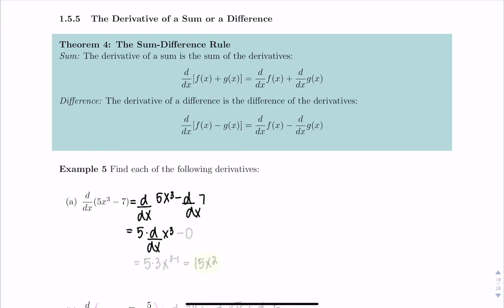And the derivative of a constant is 0. So that derivative of 7 is going to be 0. So we have 5 times 3x to the 3 minus 1, which is 15x squared. So the derivative of that whole function, 5x cubed minus 7, is just 15x squared.